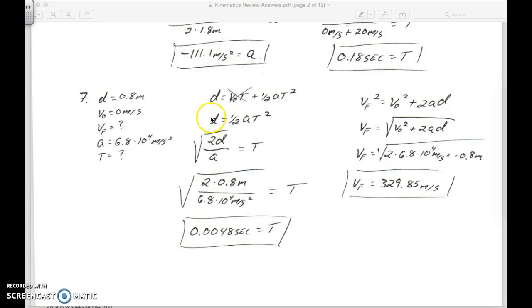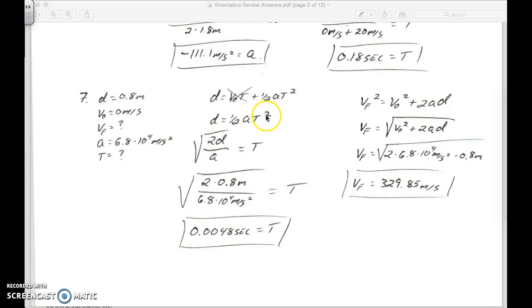But if you take a look, V naught is 0. Because V naught is 0, that 0 times t is just going to be 0. That's why this term is crossed out, leaving me with d equals 1/2 At squared, which is a much easier equation to deal with. I have to get rid of the 1/2 by multiplying by 2. That's why you see a 2 over here in the numerator in the next step. And we have to get rid of the a, so I'm going to divide that, which is why it's in the denominator.